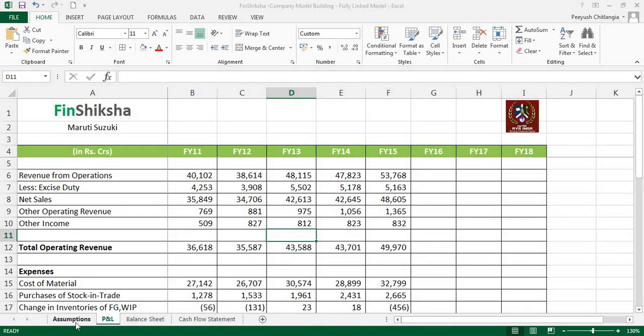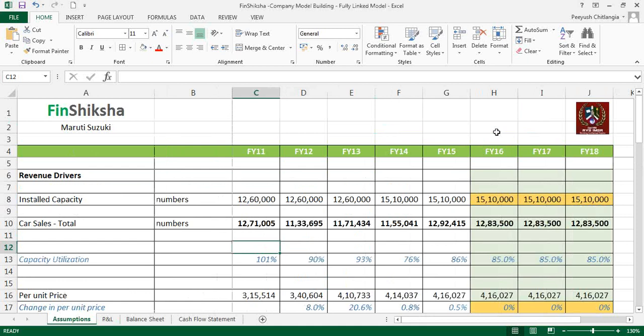So let's look at this assumption sheet here that talks about what is their installed capacity, and what is their total car sales every year, right? Based on that, we get a sense of capacity utilization. And for now, just look at numbers till FY15, and then we will come to the later numbers. This helps us calculate the per unit price, per car price is available here.